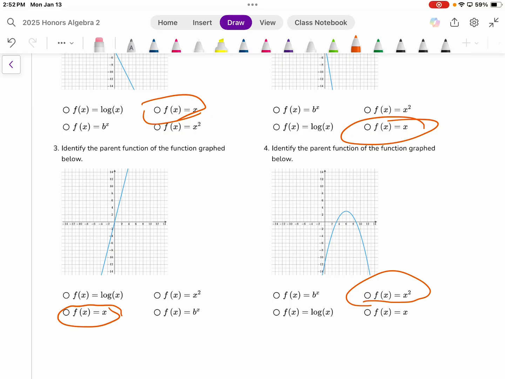It's exponential decay, but that's technically an exponential decay, because when x is negative it's a really big number, and when x becomes positive it's a really small number. Whereas if it was exponential growth, it's flipped this way, where when x is negative it's small. So exponential should always be coming down.